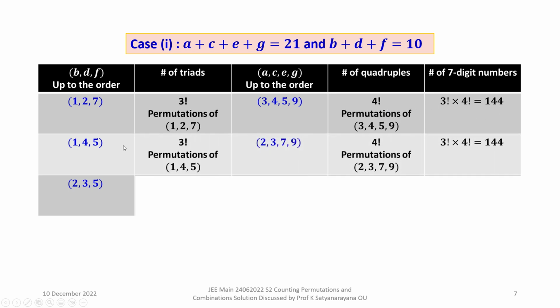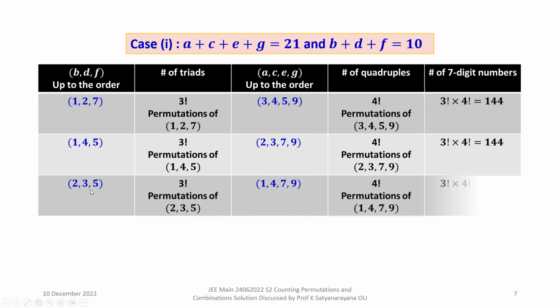For 1, 4, 5, there are 3 factorial permutations of 1, 4, 5, and if you leave 1, 4, 5, the remaining is 2, 3, 7, 9. The sum is 21. And how many such quadruples will be there? 4 factorial permutations. And again, use the product rule. You will get 3 factorial into 4 factorial, that is equal to 144 7-digit numbers.